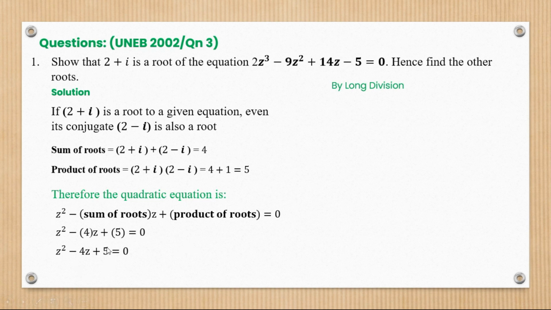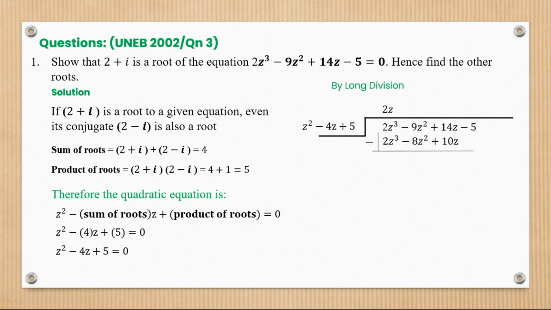So now we found the first factor. This value here is a factor of this. How do we find the other factor? We find that using long division. So with long division, insert those there. Now we have 2z cubed divided by z squared, and the answer is going to be equal to 2z. 2z times the values on the left, we end up with that.